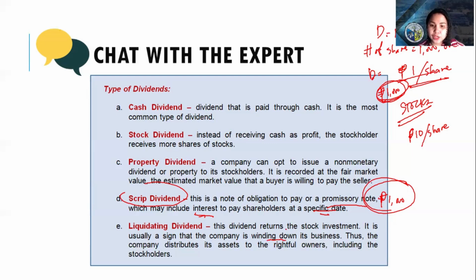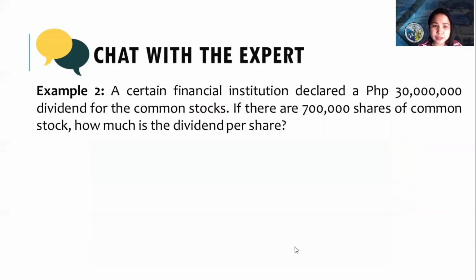They will return you your stock investment. Sometimes the returning is not in cash, especially if your company is declaring bankruptcy. Sometimes as you see in televisions and in K-dramas, the division might be in properties, in equipment, in facilities, and not totally in cash.